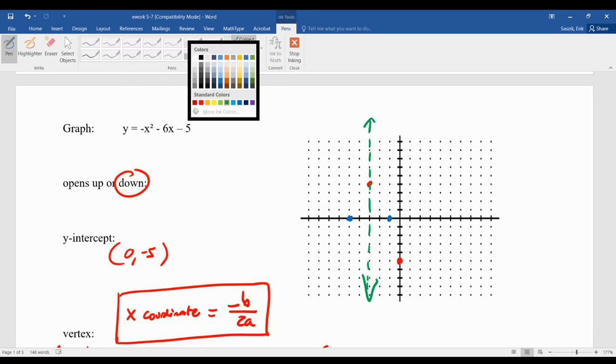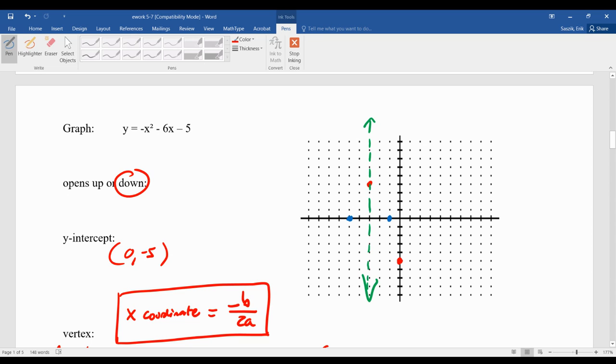Now, because of symmetry, a lot of times you're asked to graph with like 5 points. Now, you have 4 critical points, but remember, there's a twin point to the left of this one. You see, how far is this thing from the axis of symmetry? It is 1, 2, 3. That means there's a twin 1, 2, 3 right there. And now we're going to draw a nice curve. And there is our parabola. Shazam!